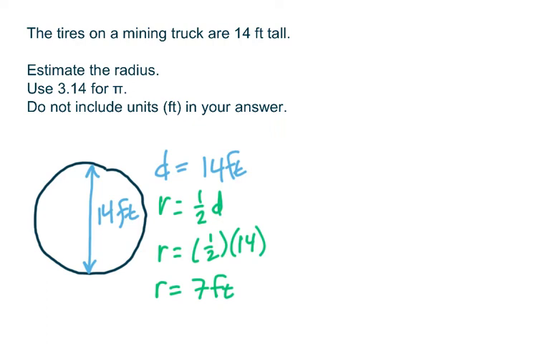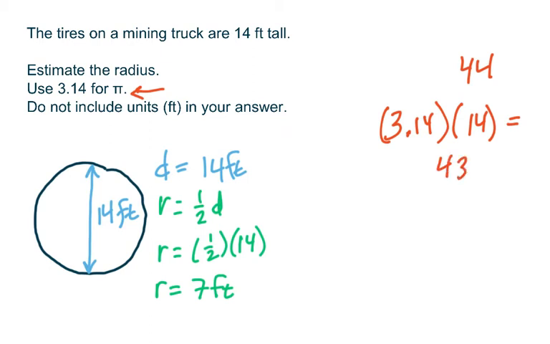If you chose the answer of 44, then I think a couple of things happened. I think the first thing is that you took the 3.14, which is what we were asked to use for pi, and you multiplied it by 14, which is the diameter, and that gave you a total of 43.96 or 96 hundredths.